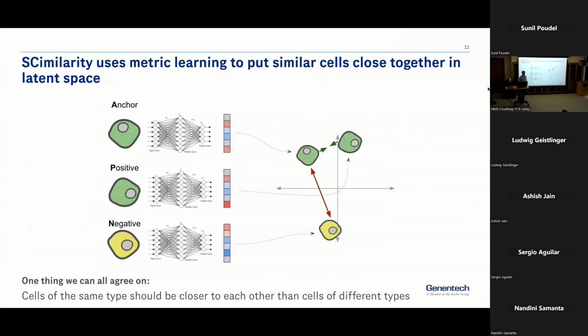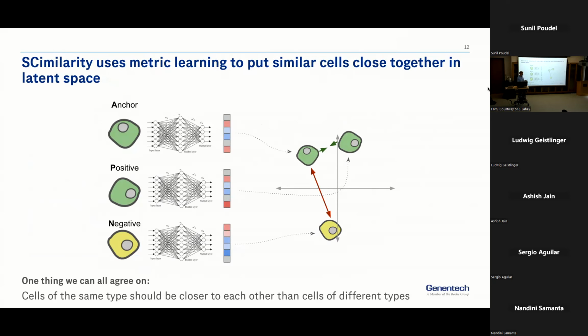So the idea that we had was, can we do the same thing but for cells? Basically, cells that we think should be similar should be close together, and cells that we think are dissimilar should be further apart. And I think probably a non-controversial statement is that cells of the same type should be closer to each other than cells of different types.